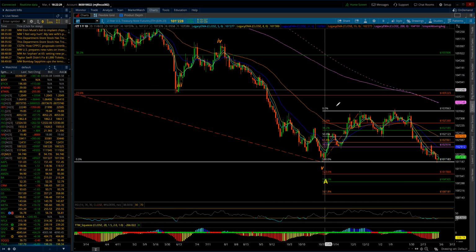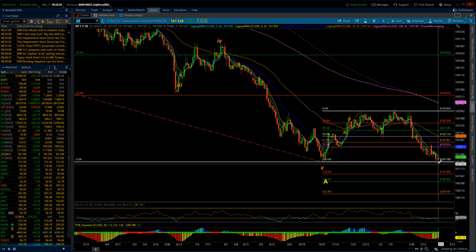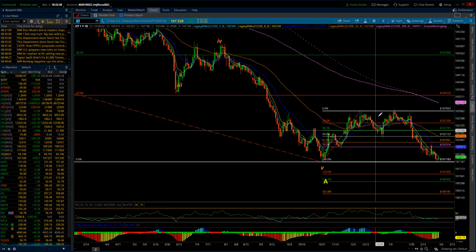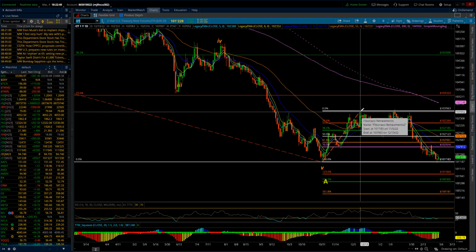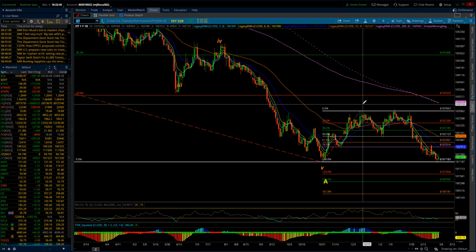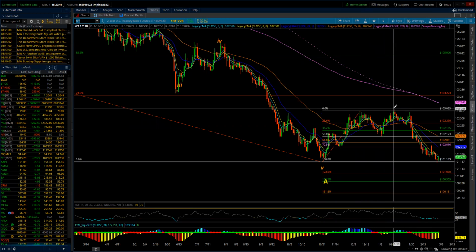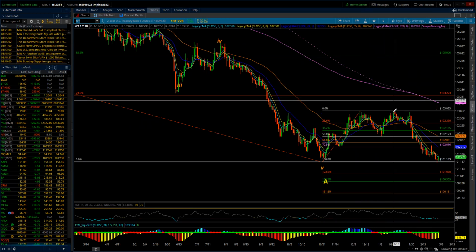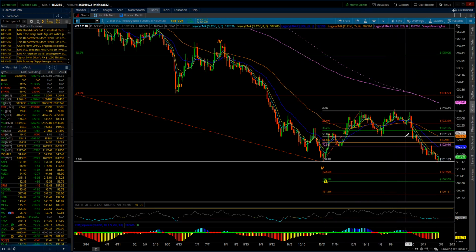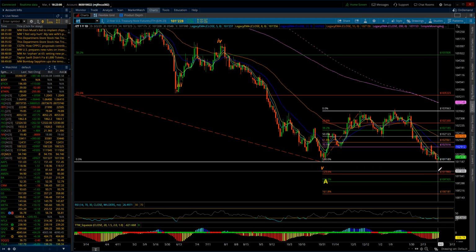Now, here in the 2-year note, we did drop. We did come back to the 100% retracement off of the high of what I'm putting a label on as wave A. Now, I have to mark this as the completion point of intermediate wave B, 1, 2, 3, 4, 5, minor 1.